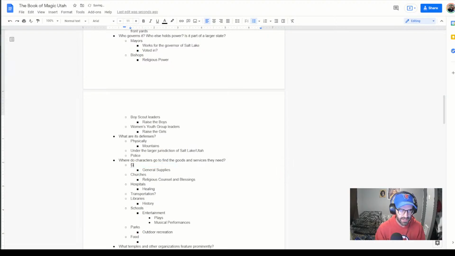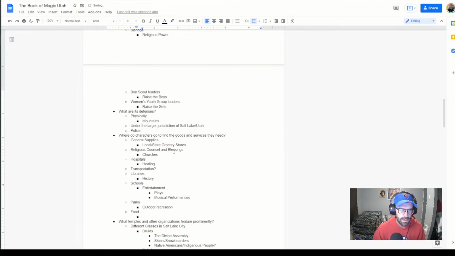I'm going to change this to the goods, what we need up here, and then slash spells, so religious spells.